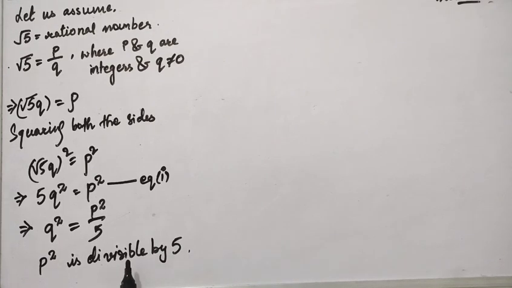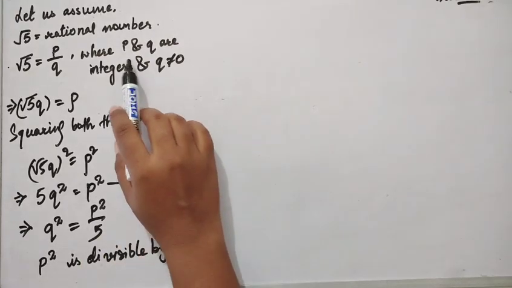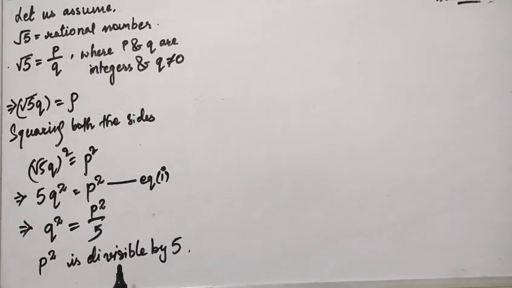Why is it so? Because we have assumed p and q to be integers, and q is not equal to 0, so q square is some number that is achieved when p square is divided by 5. That means p square is divisible by 5.